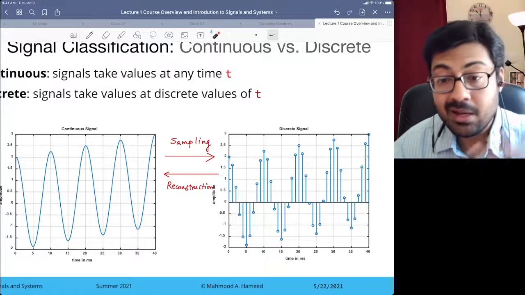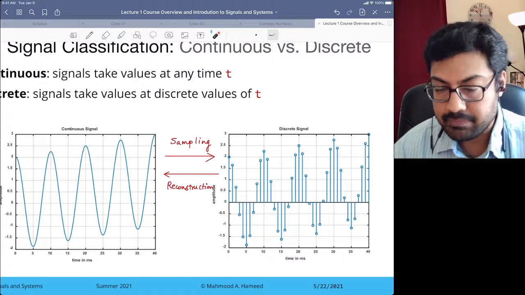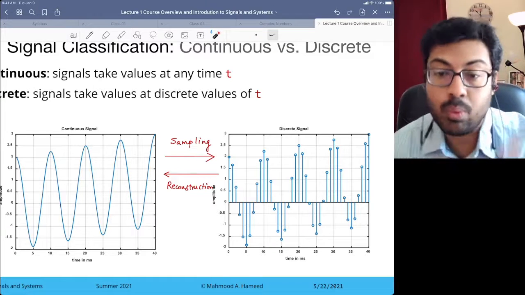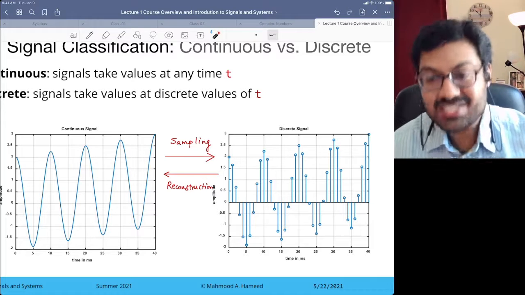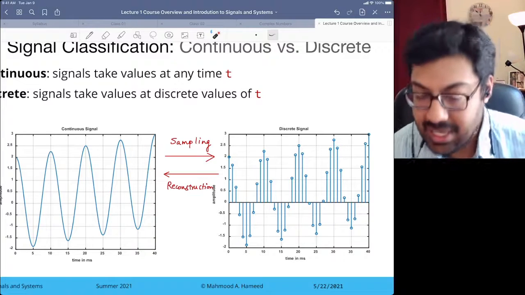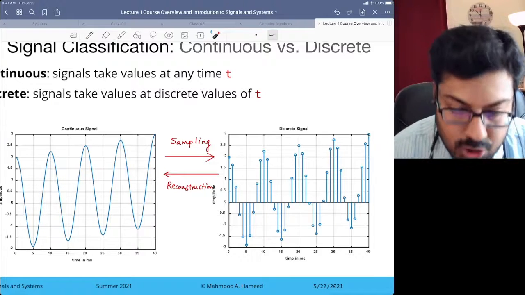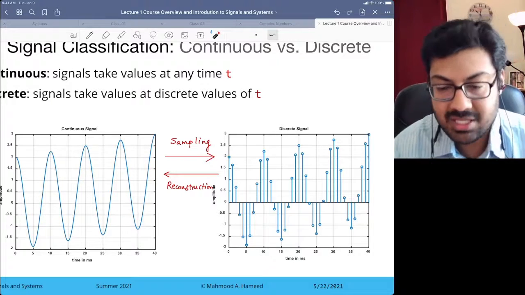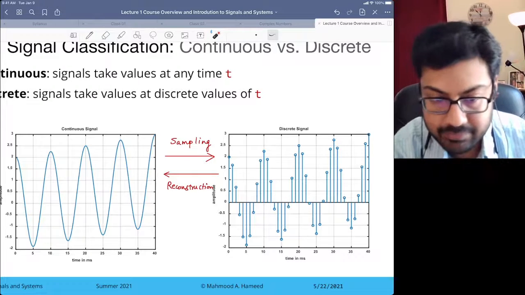You only need 2 samples per cycle to be able to guarantee reconstruction. It also depends upon where those 2 values are. So that's the Nyquist rate. The Nyquist rate says to sample the signal at least twice the maximum frequency in the signal to guarantee that you will be able to reconstruct it.